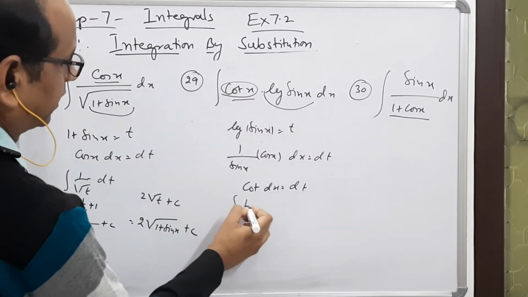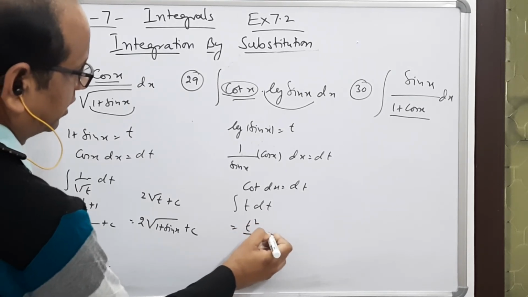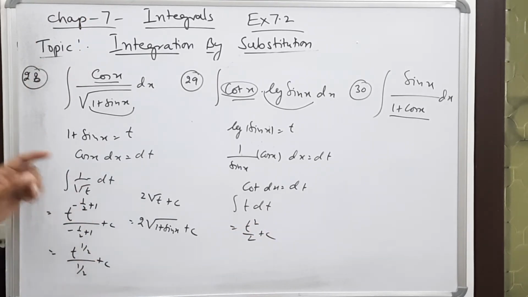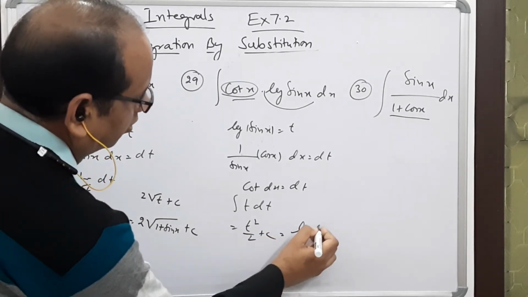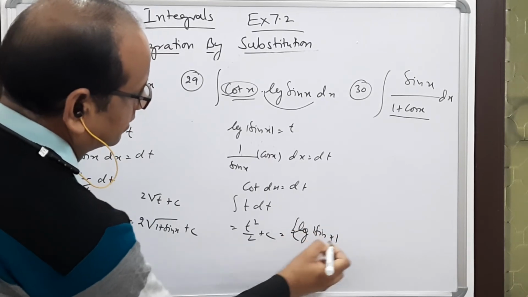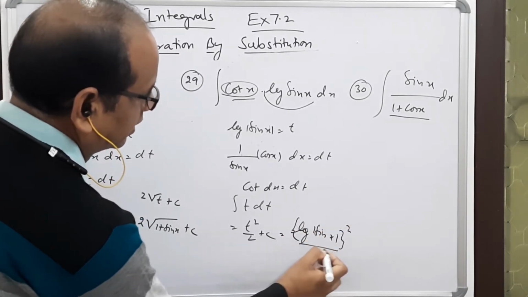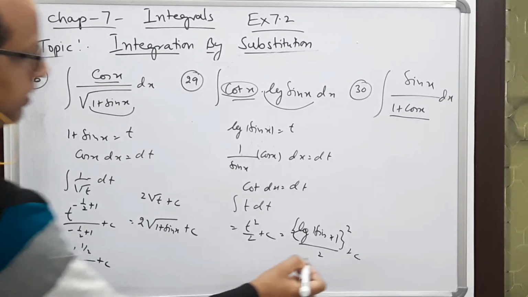So this sum will take the form t dt and the answer will be t square by 2. And here, what is the value of t again? It is log sin x. So the answer is (log sin x) whole square upon 2 plus c. So in this way we get the answer.